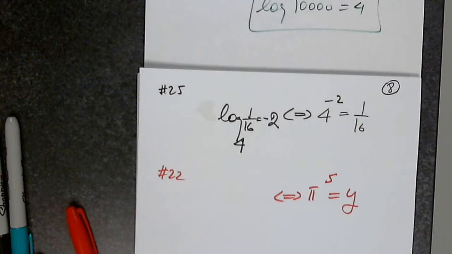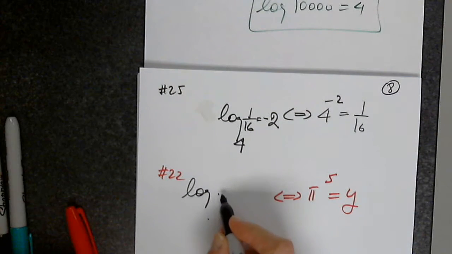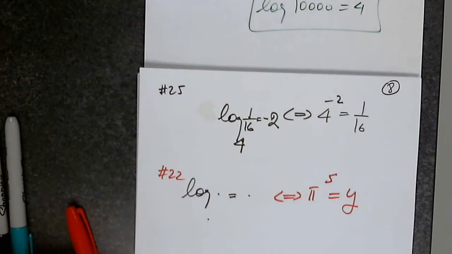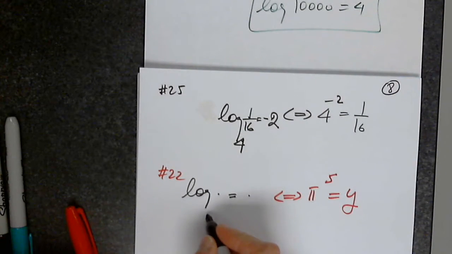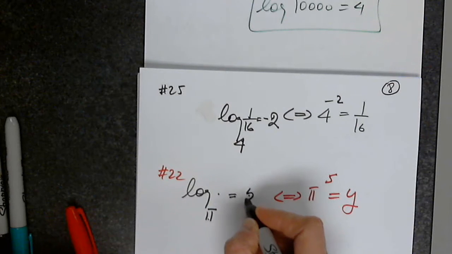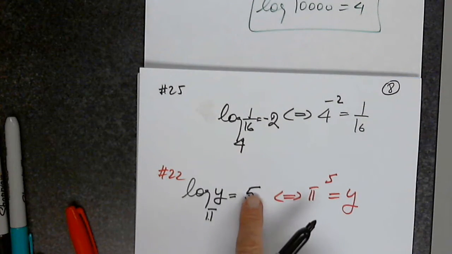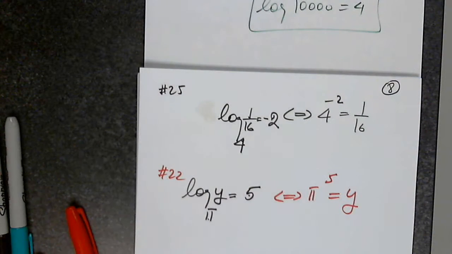We're asked to write the log. So I have log, something here, the equal symbol, something here. Always start with the base. Always move to the right. Right? Pi raised to the 5th power equals y.